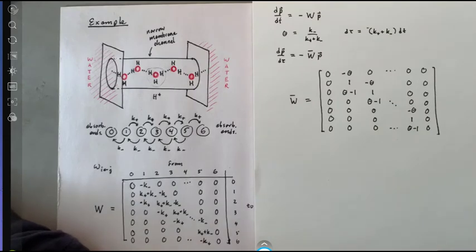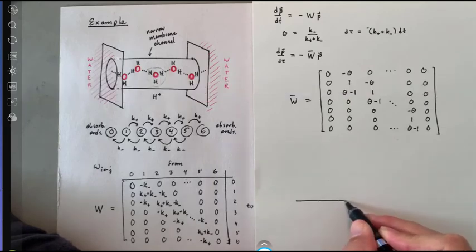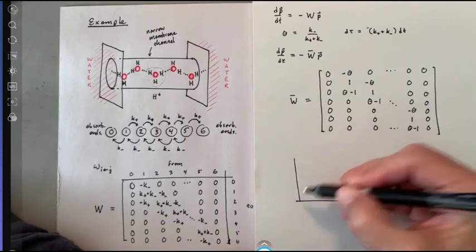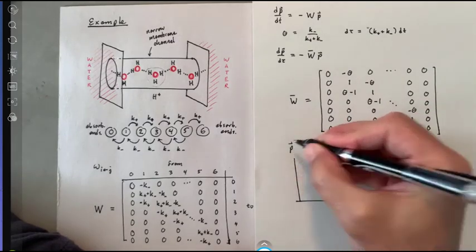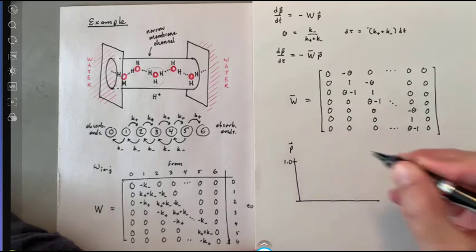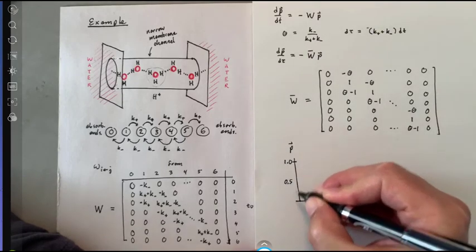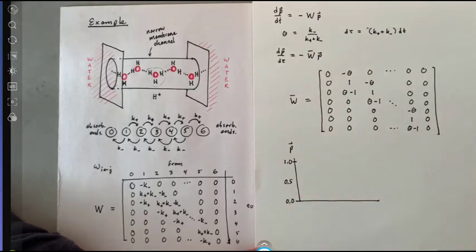First of all, let's sketch what these would mean. If I have a plot, a histogram of the probabilities of being in different positions, I'm going to plot P like this, and the maximum it can ever take is 1. I might know at the beginning, for example, that I'm sitting in a certain place. We'll put 0.5 and 0.0 on this plot.